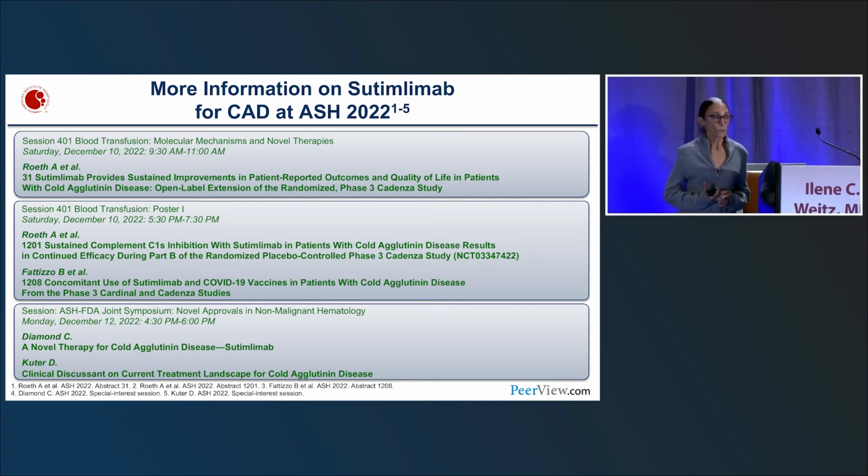I think that's a very relevant issue for patients these days. And then the joint session, novel therapies for cold agglutinin disease on Monday.